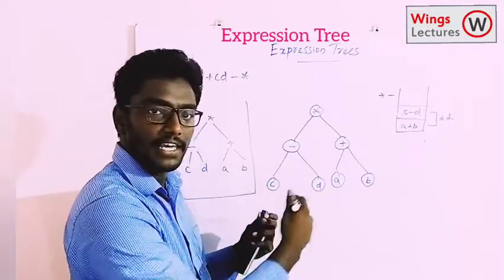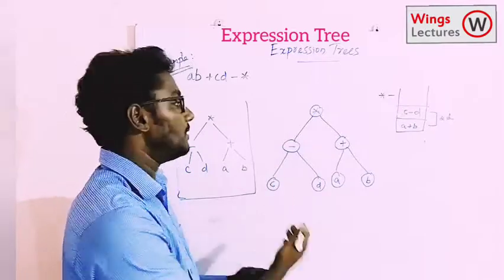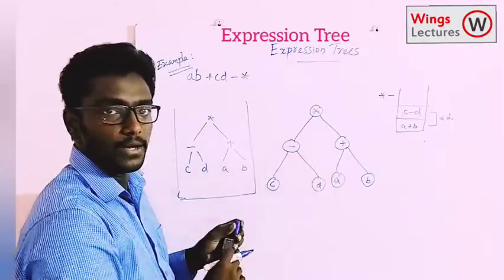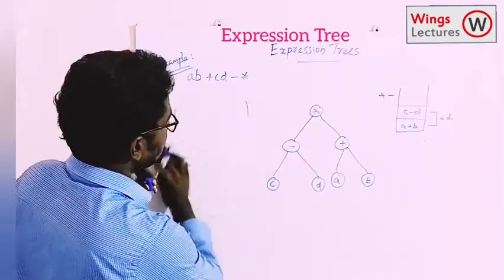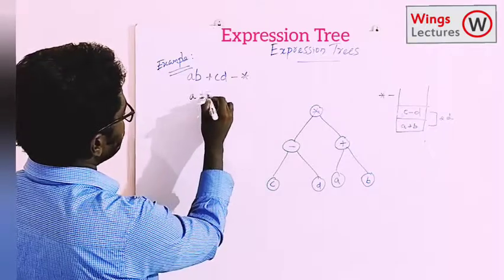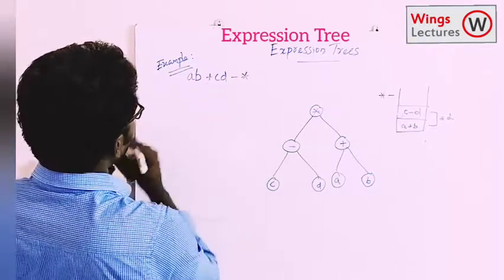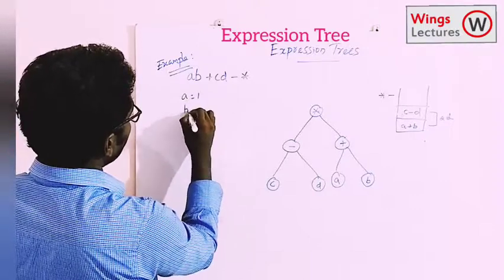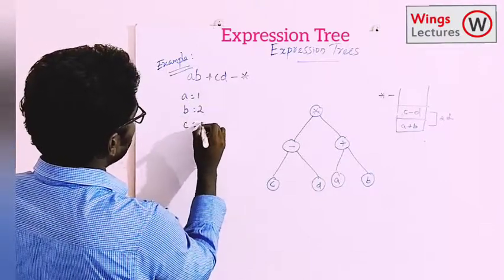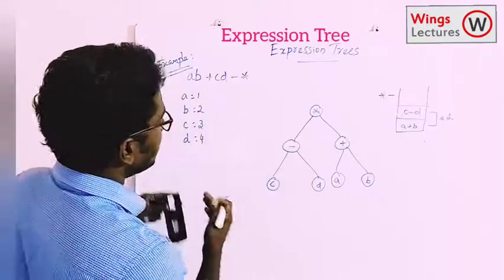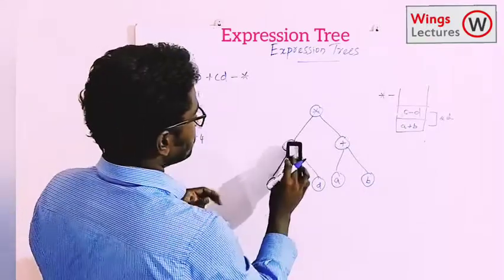By using any of our traversal methods, we can traverse the whole expression and we will get the value as output. When we are applying the values for the operands, just apply the values. Here I am applying directly A value as 1, B value as 2, C value as 3, D value as 4, and let me see how the expression is going to work.